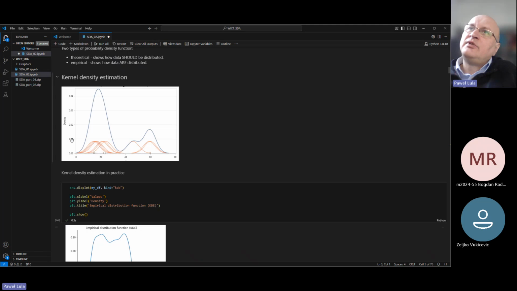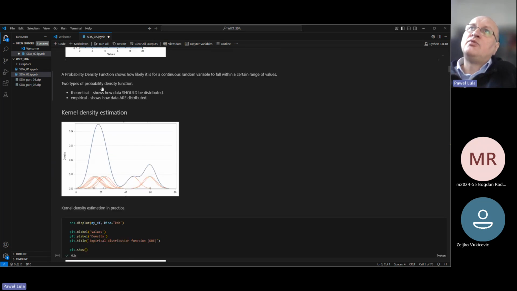And 0.006, 0.008, and we should add all of them. And this aggregated value for a specific point is presented by this blue line. And this blue line represents the function which is called the probability density function.